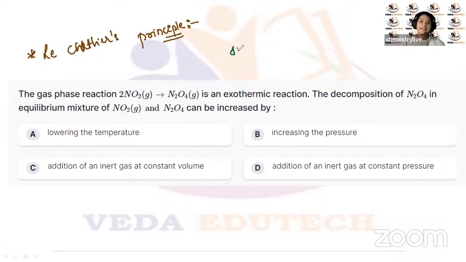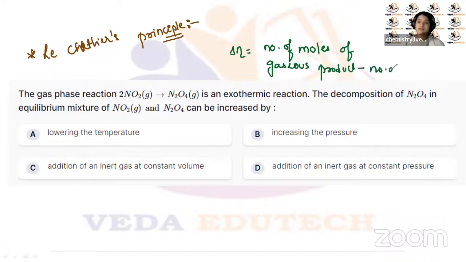Okay, so delta N, children, is the number of moles of gaseous product minus the number of moles of gaseous reactant. Yes, that is the case here.